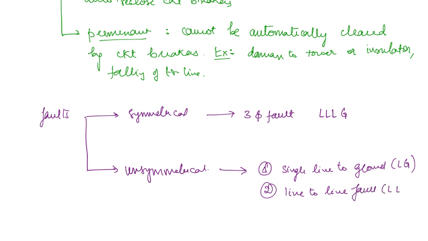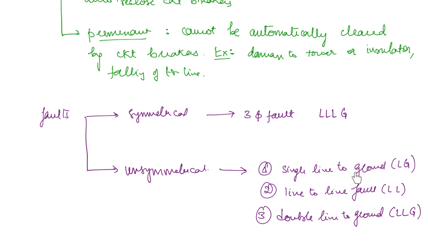This is called LL fault. The next one is the double line to ground. That means two of the lines are short circuited with the ground. This is called LLG fault. So you can see why this is called unsymmetrical fault and this is symmetrical fault.